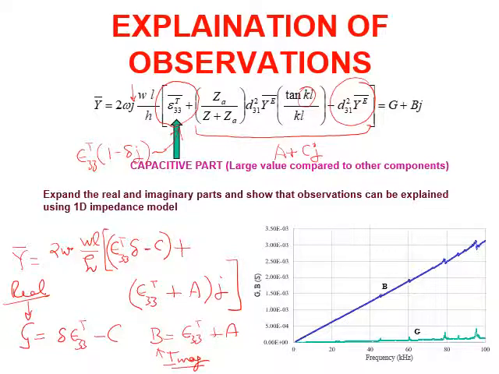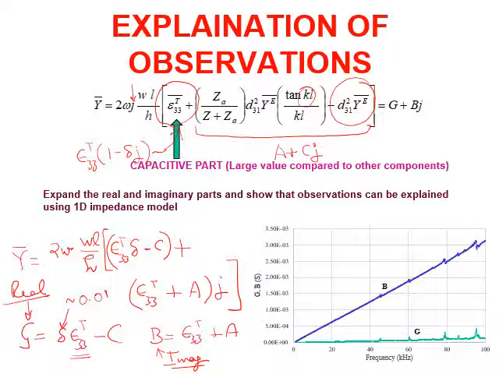So in the real part, we have a delta term in front of epsilon 33. What is the value of delta? Delta is very small, typically of the order of magnitude 0.01. That's why the capacitive part is very small in the real part. We have the dominance of the other part.